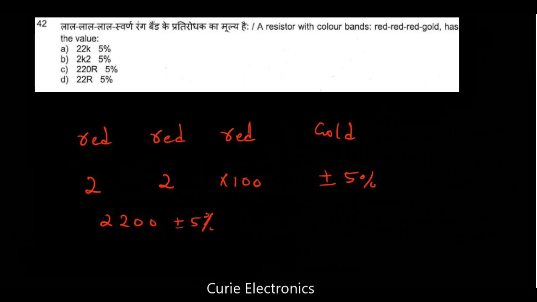It is in ohms, so we can write it in kilo ohms. This is equal to 2.2 kilo ohm plus or minus 5%. You can write it like this also, 2K2. This also means the same, 2.2 kilo ohm plus or minus 5%. So its answer is option B.